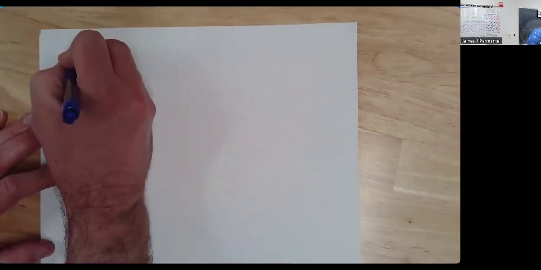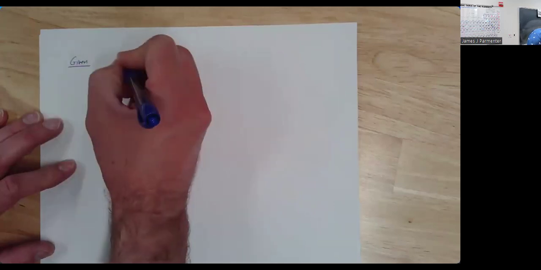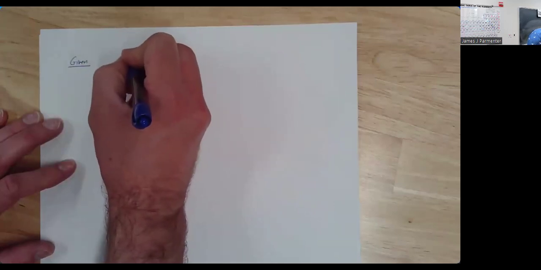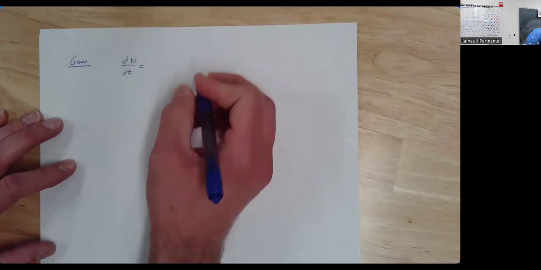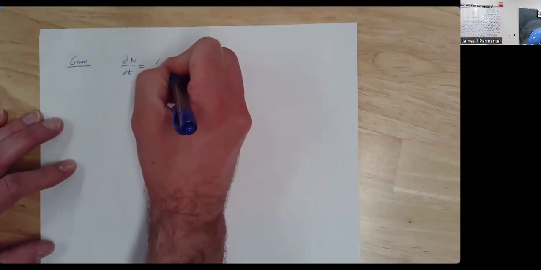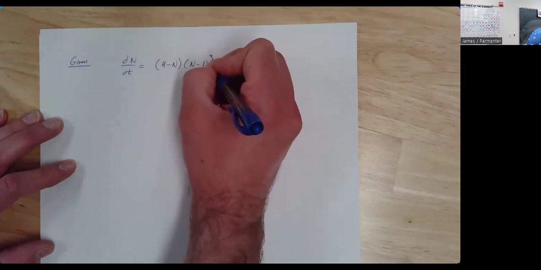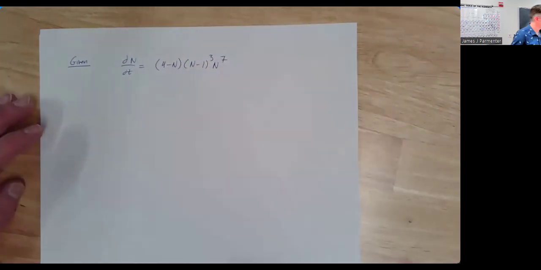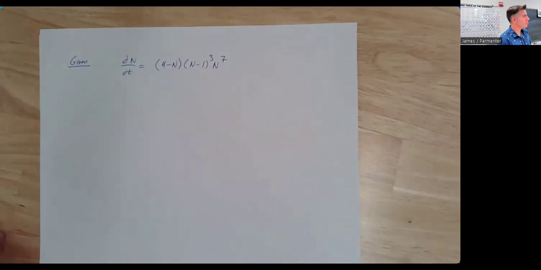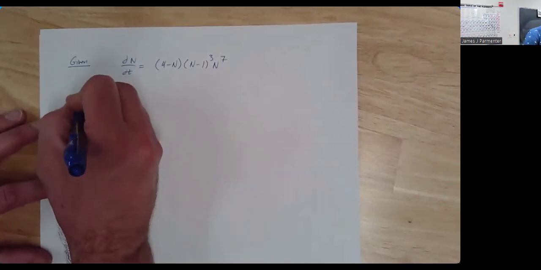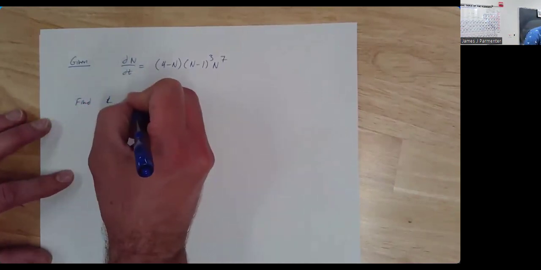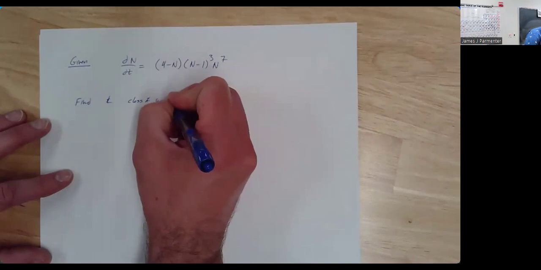So let's say we're given the differential equation dn dt is equal to 4 minus n times n minus 1 cubed times n to the 7th power. Usual question: find and classify all the equilibria.